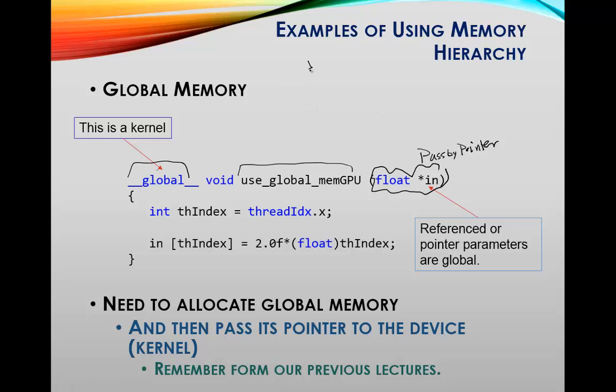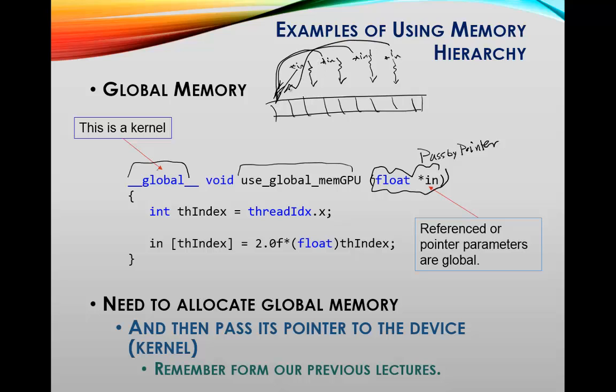So if you look at a bunch of threads that are invoked later on, all of these threads would get a pointer in that points to your global memory. So all of these will have access to global memory, and the pointer in essentially points into the global memory that you can work with.